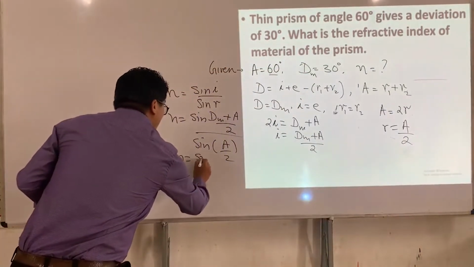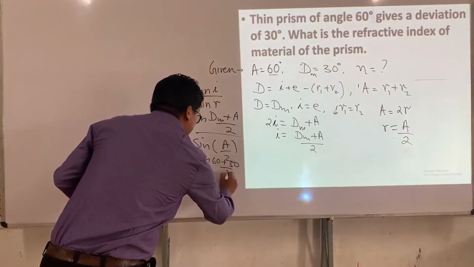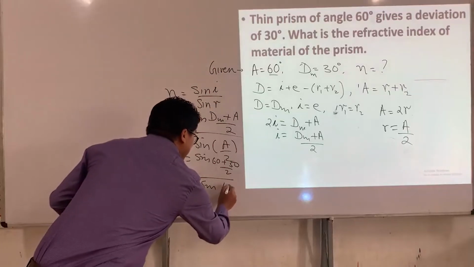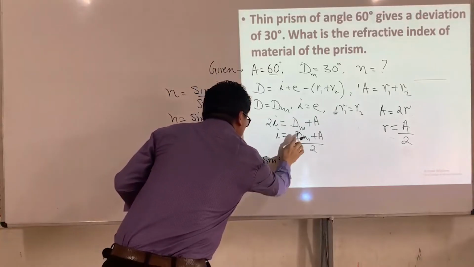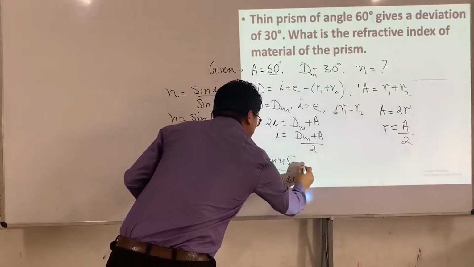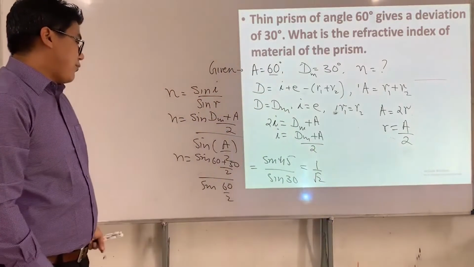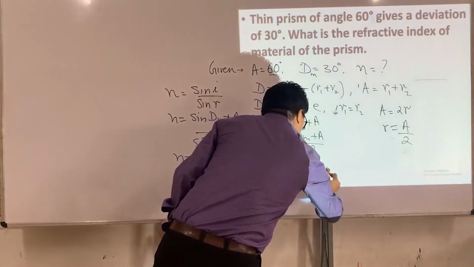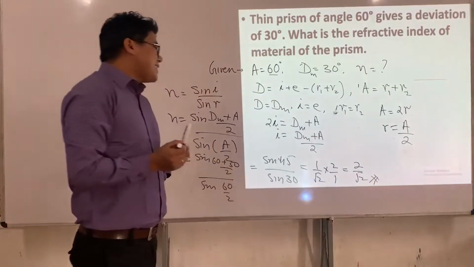So therefore, sine of 60 plus 30 divided by 2, over sine of 60 divided by 2. This is equal to sine 45 divided by sine 30. Sine 45 is 1 by root 2, and sine 30 is 1 by 2. So therefore it is going to be root 2 by 1.